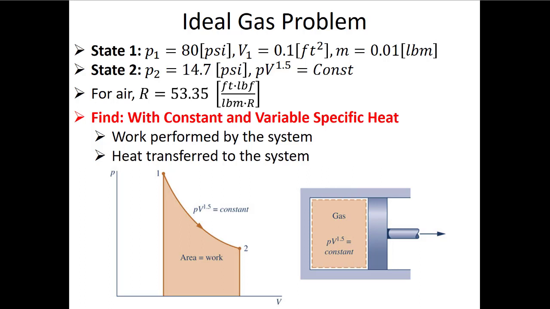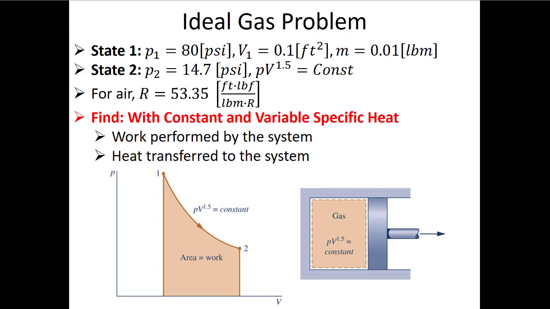We're also told that the specific gas constant for air is 53.35 feet pounds force divided by pounds mass degrees Rankine. Now the problem asks us to find the work and the heat that happened because of this process. And we're asked to do it with constant specific heat and with variable specific heat.